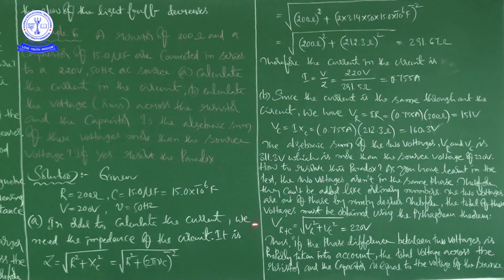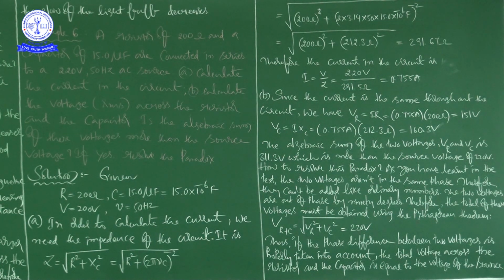Therefore, the total of these voltages must be obtained by using the Pythagorean theorem. That is, VR plus C, resistor plus capacitor, is equal to the square root of VR square plus VC square. You substitute the values of VR and VC and complete this process mathematically. Then you will get it as 220 volts.